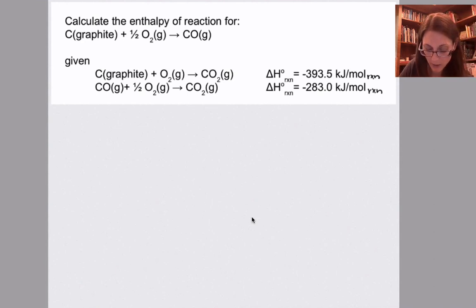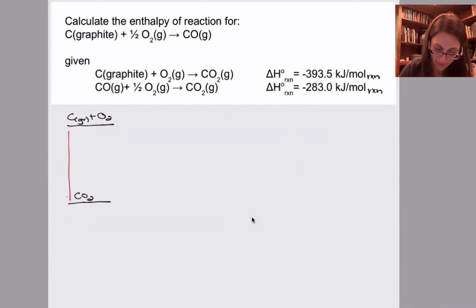Graphically, what I've got going on is I have my graphite and my oxygen, and I know its enthalpy and energy relative to carbon dioxide, which is down here, is a difference of negative 393.5.